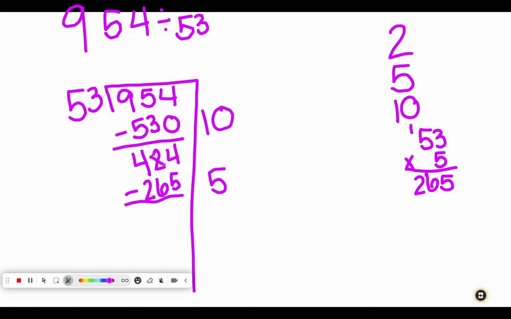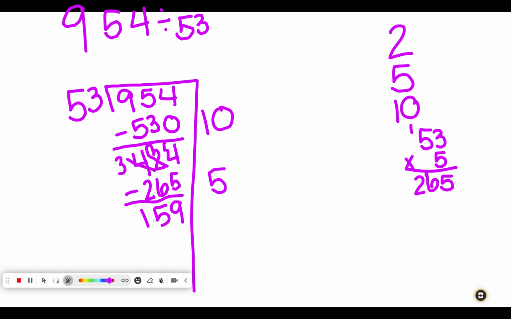I have to regroup. My 2 becomes a 1. 4 becomes 14. 14 minus 5 is 9. I can't take 6 from 1, so I'm going to regroup again. This is going to become a 3. This will become an 11. Sorry, that looks like a 17, but it's an 11. 11 minus 6 is 5. And 3 minus 2 is 1.